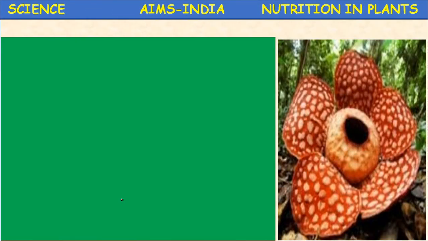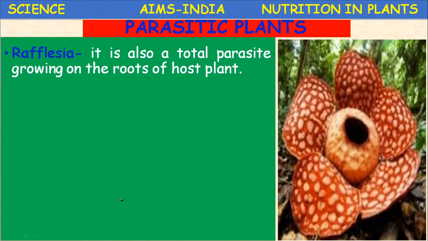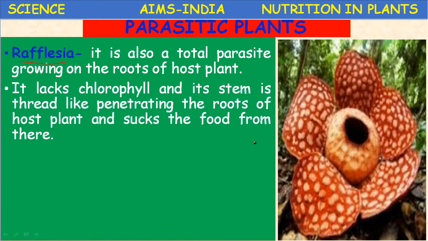Next, another root parasite, Rafflesia. Rafflesia is also a total parasite. Previously, Orobanche is a partial parasite, but Rafflesia is a total root parasite growing on the roots of the host plant. It lacks chlorophyll.